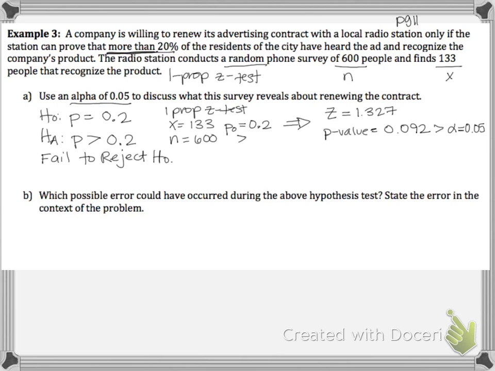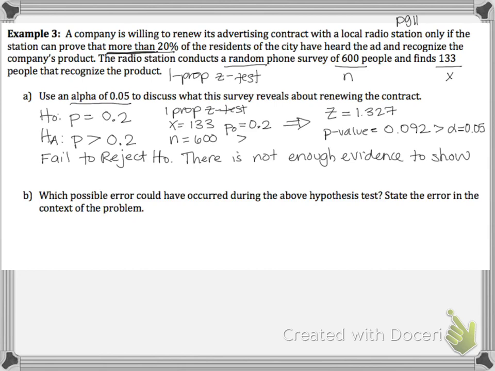Okay? This means that we do not have evidence. So there is not enough evidence to show, and now we would like to interpret the alternative hypothesis here. So what were we trying to show? We were hoping to show more than 20% have heard the ad and recognized the product.